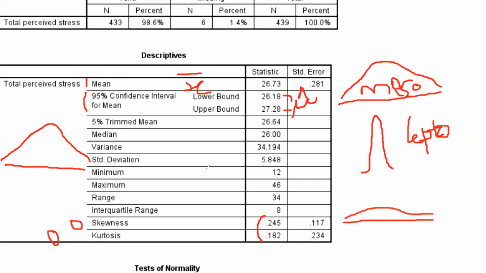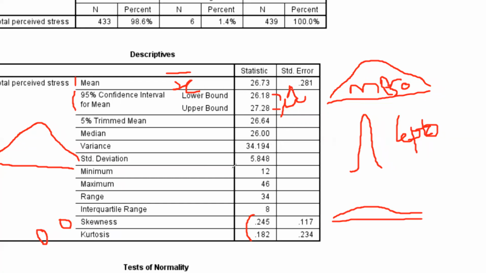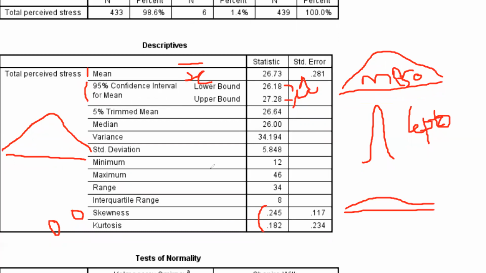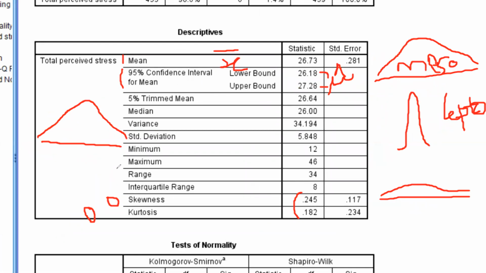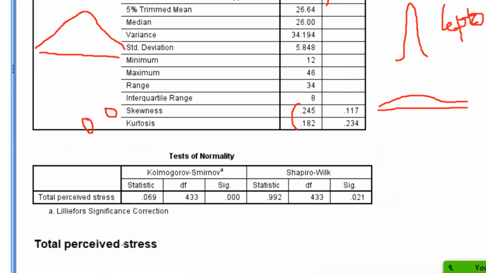If we have a negative number here, it is flat. If we have 0 here, it is meso. If we have a very high positive number, we call it a leptokurtic distribution. In a leptokurtic distribution, the variance is very low. In a mesokurtic distribution, we have a moderate variance, and in a platykurtic distribution, we have a very high variance. So these are some very important contents in the test of normality.